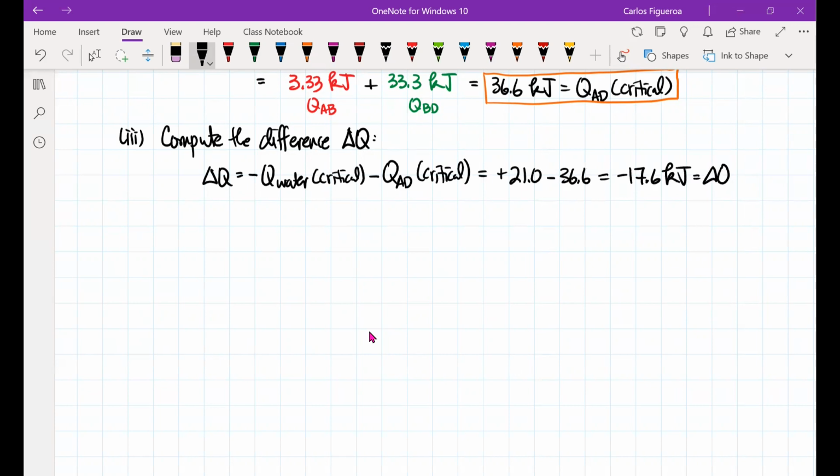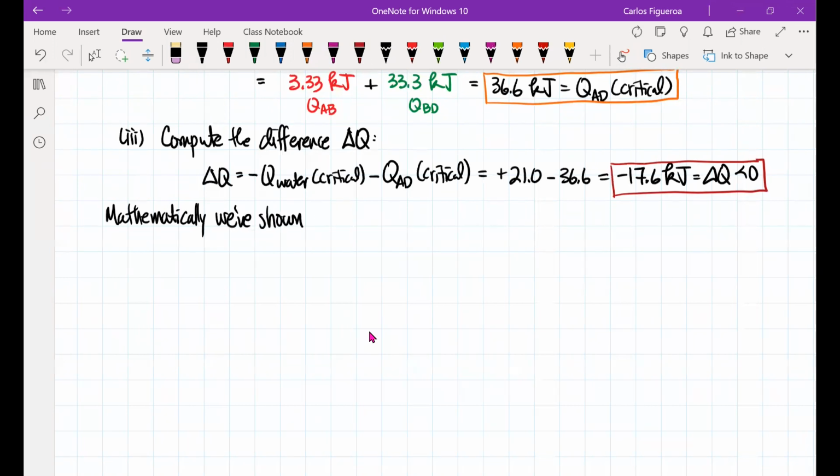So this delta Q is negative. Mathematically, we've shown that delta Q is negative.